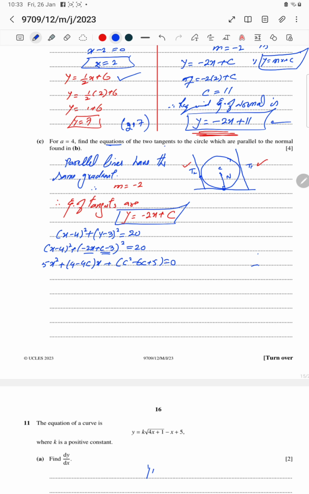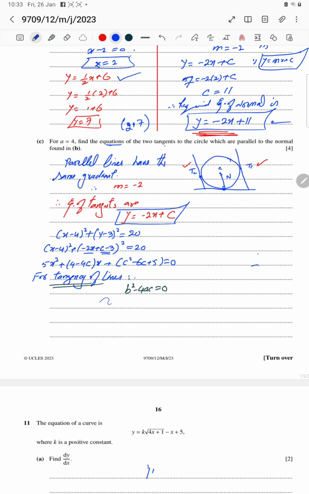Here you can see this is a tangent as well. So for tangency of lines, what to do? We have b square minus 4ac equal to 0. So this is the condition for the tangency of lines.